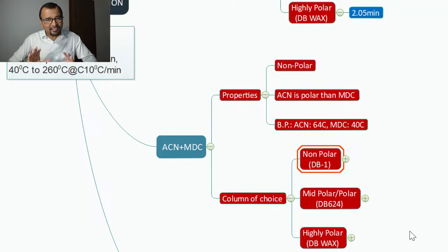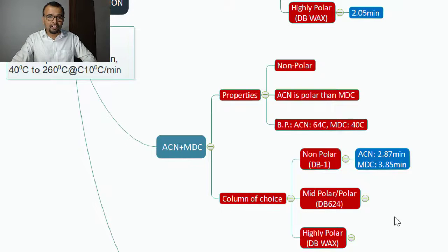So you can expect ACN, being the least interactive compound, to elute first, and dichloromethane to have the higher retention time. Let us look at the practical data. ACN, as expected, was found with the lesser retention time, 2.87 minutes, compared to MDC with 3.85 minutes on the non-polar stationary phase.